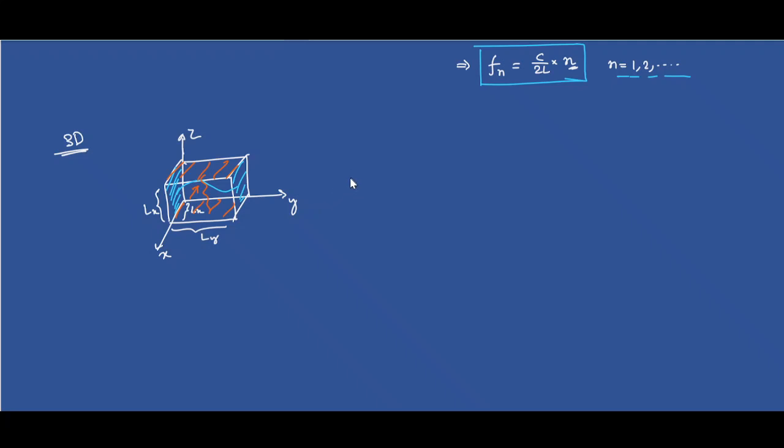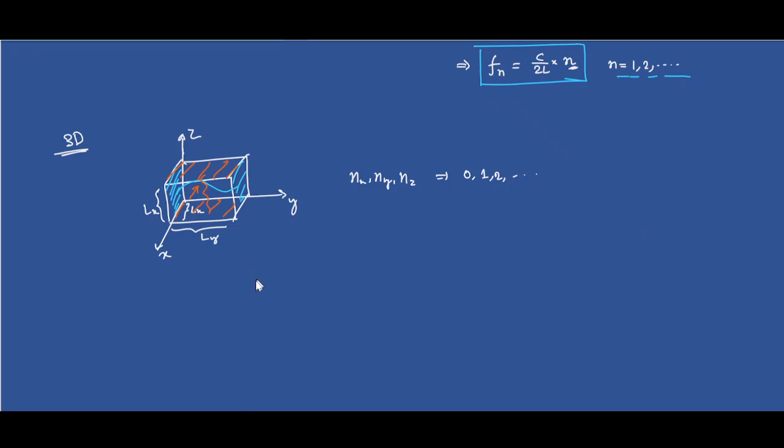So then there will be nx, ny and nz, which will run from 0, 1, 2 and 3. To get the frequency of the 3D wave, we have to solve the wave equation for this system.